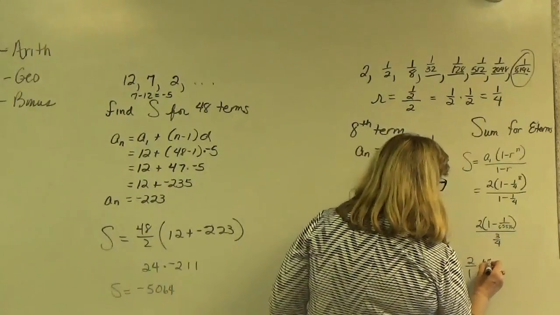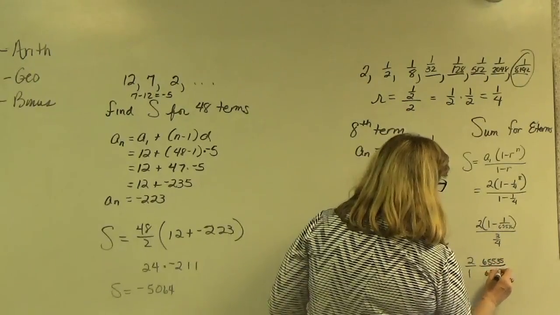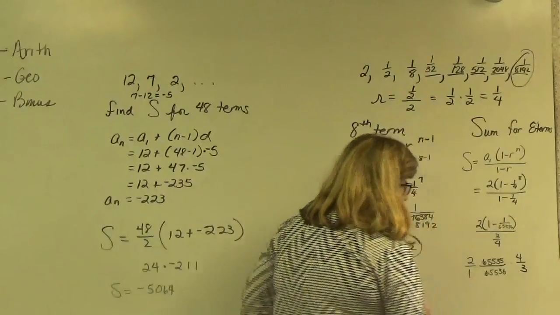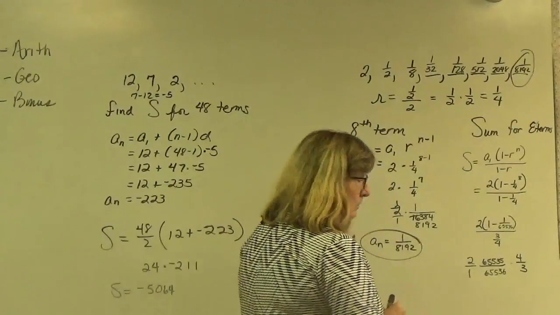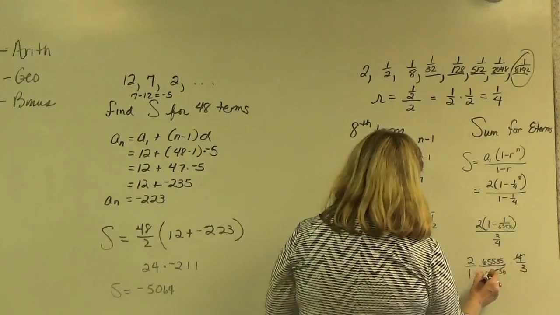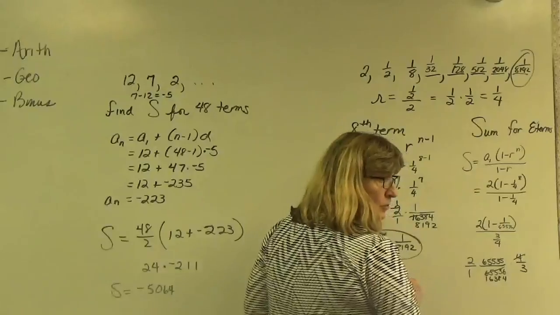So it's just going to be 65,535 over 65,536. Invert and multiply. And then I should be able to cross cancel. Like 4 goes into 65,536 to 16,384. Somebody check me, see if that's right.